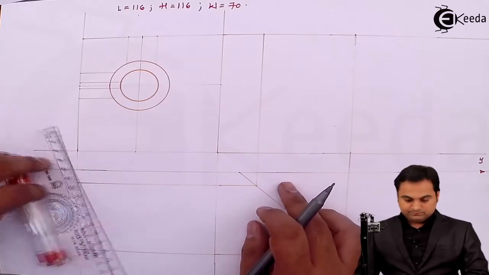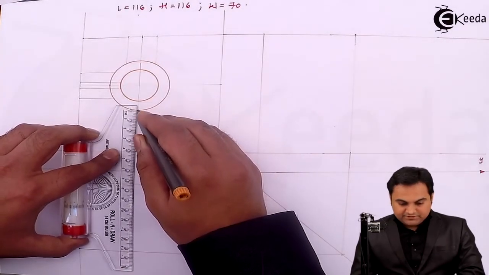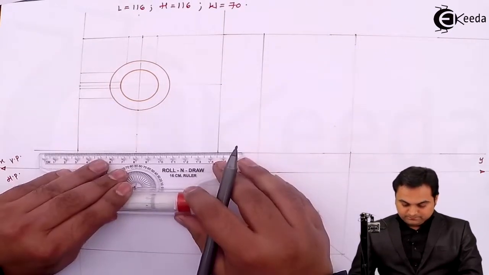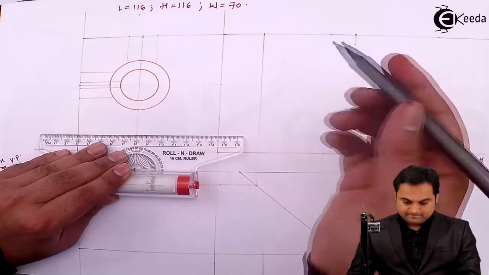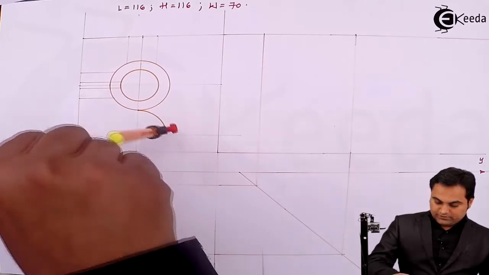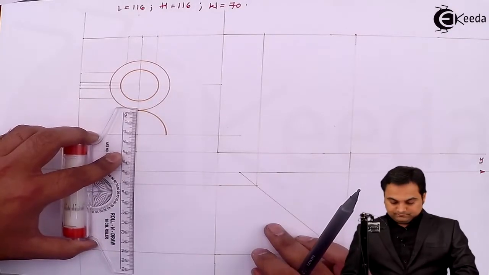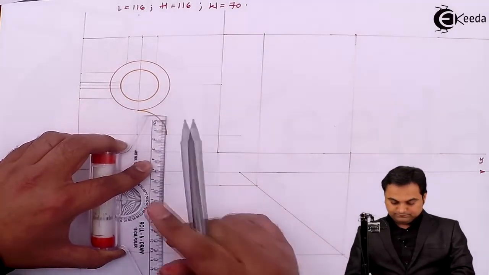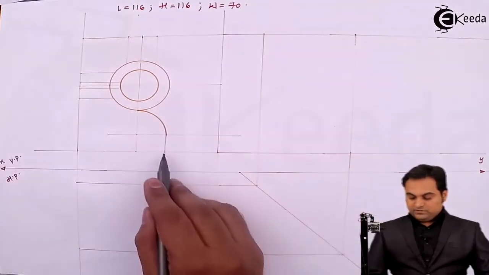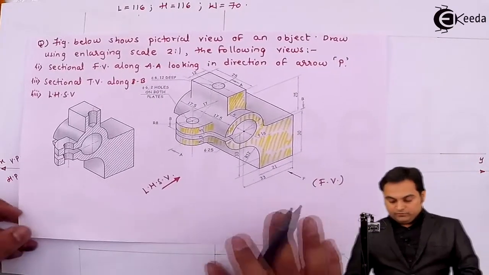So here I'll measure the radius 24, drawing it light, projecting it light. This distance is 42 mm, that is double the scale, and exactly here it is 21. So we have reached up till here.